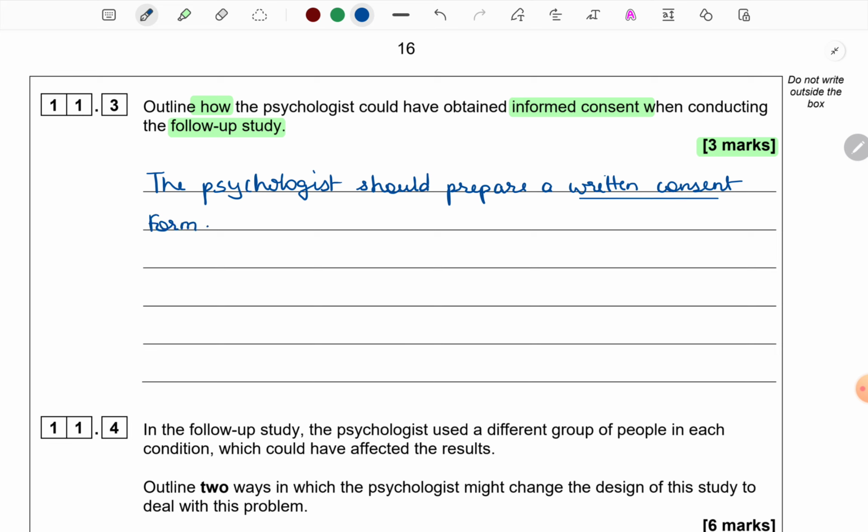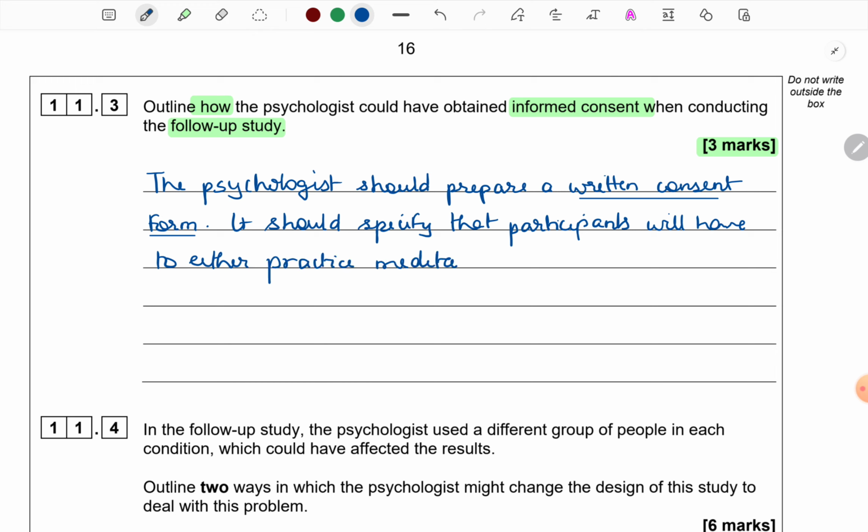It should specify that participants will have to either practice meditation or follow a healthy diet for a week.